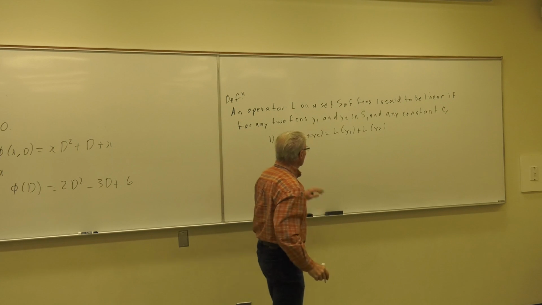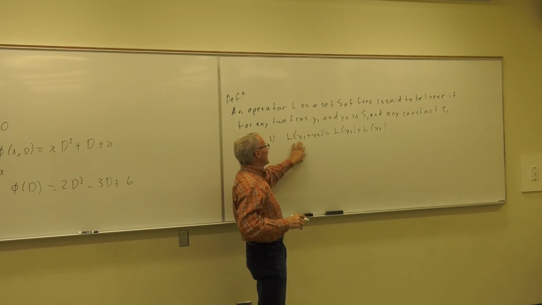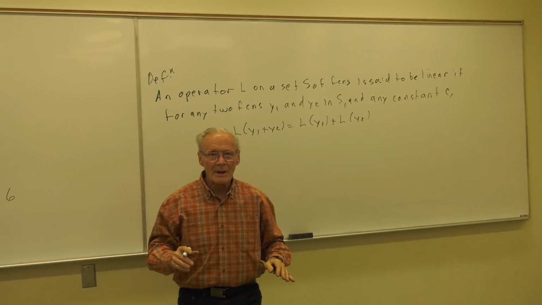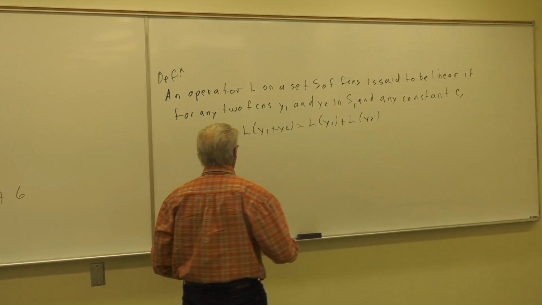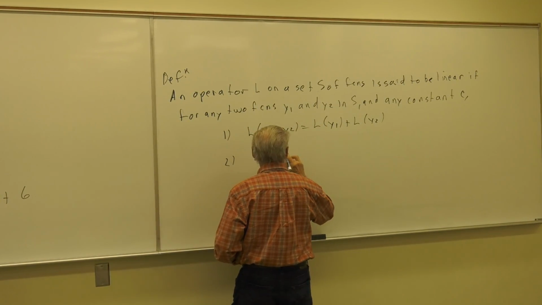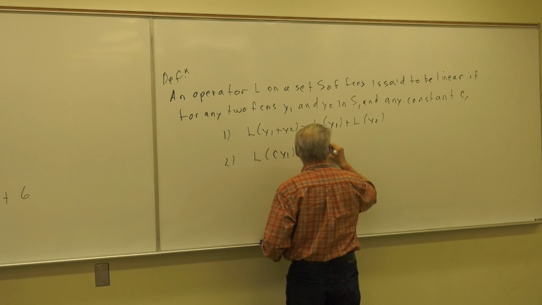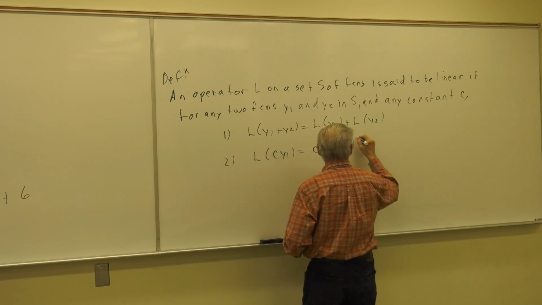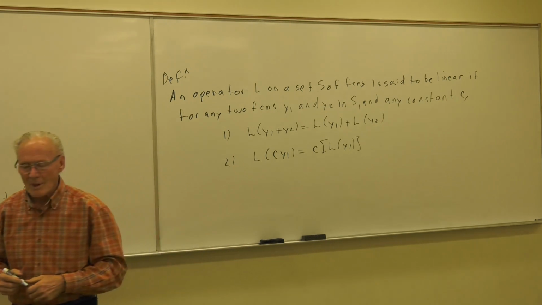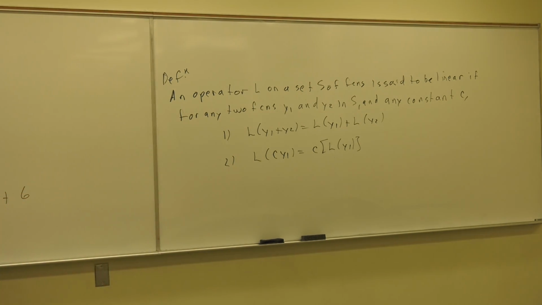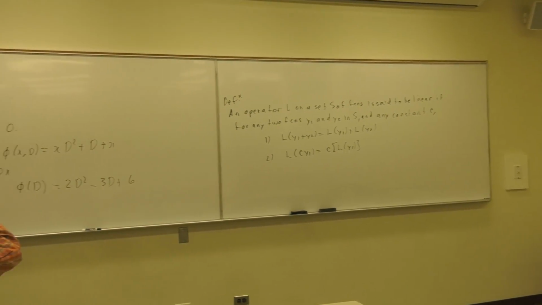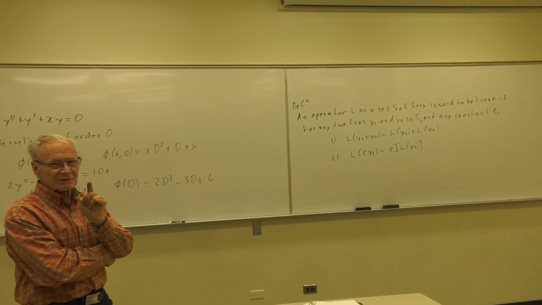The same. If you add the functions and then operate, you would get the same thing if you operated and then added. And second property is that L operating on C y1 is the same as C times L operating on y1. In other words, you can pull a constant, if you like, through the operator. Any operator that satisfies those conditions is said to be linear. Now you think about calculus.